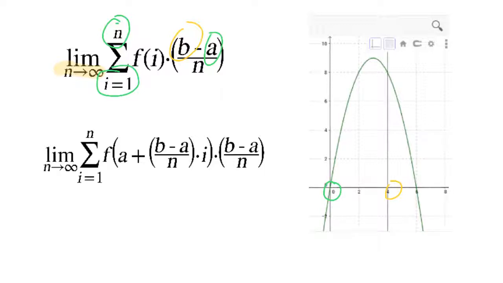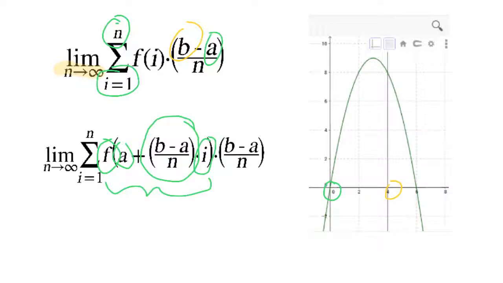Well, I have to start at a, and then I have to add the width of each rectangle, and then I have to multiply it by the ith number of the rectangle. And then I have to evaluate that number at f. And that gives me the height. This green bracket here gives me the height of the ith rectangle.